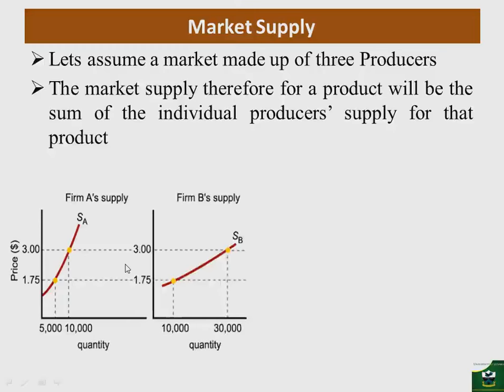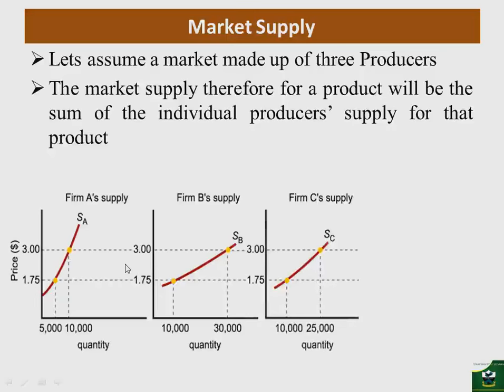For firm B, at a price of 1.75, 10,000 units are supplied, and at a price of 3, 30,000 units are supplied. If we bring in firm C, at a price of 1.75, 10,000 units are supplied, and at a price of 3, 25,000 units are supplied.